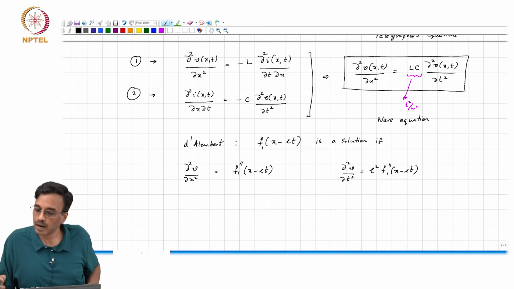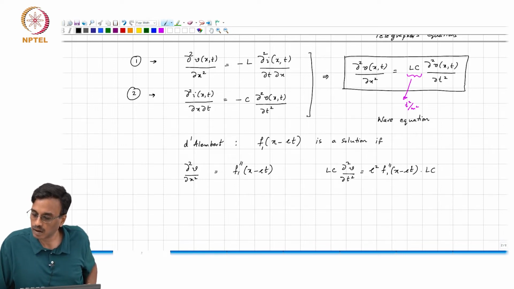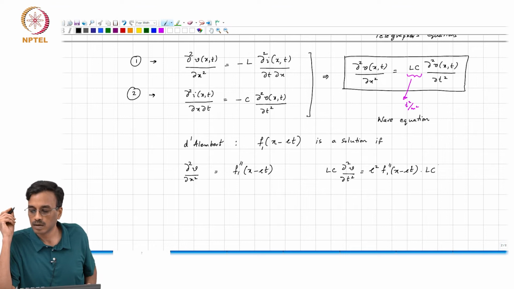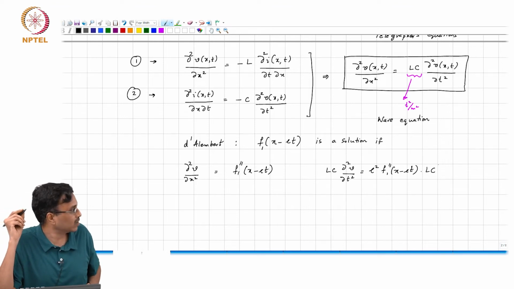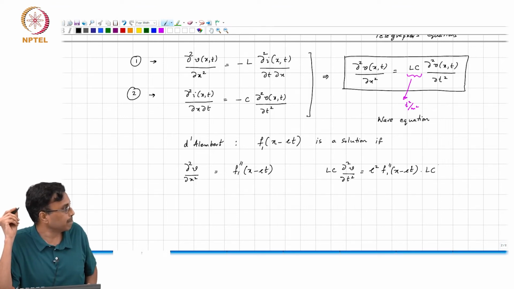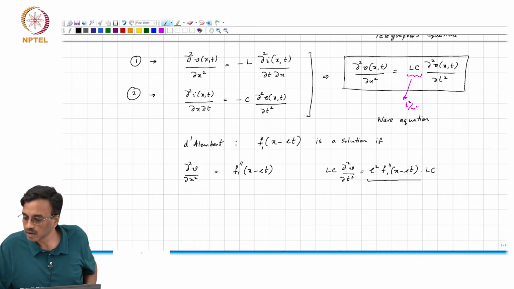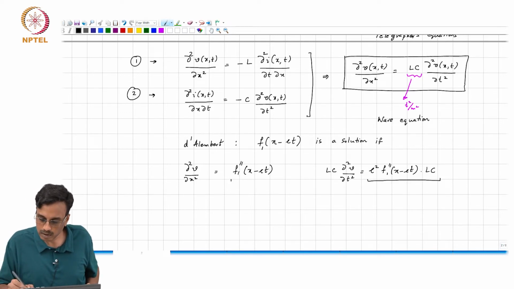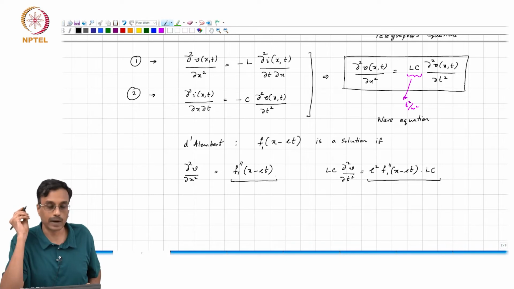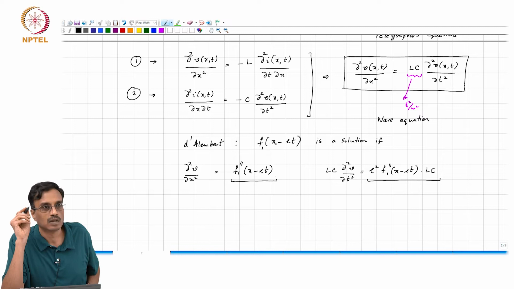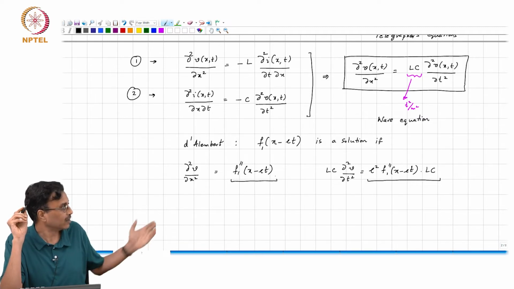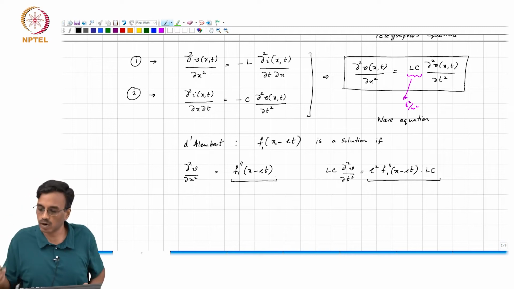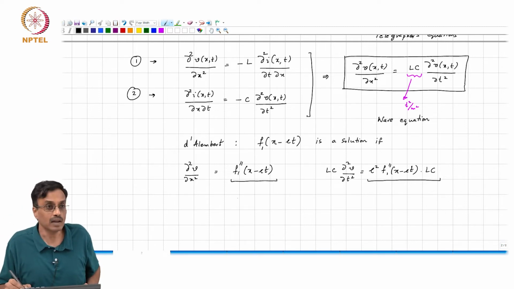We want to make LC times the second derivative with respect to time, which is this guy here, equal to the second derivative with respect to space. Stare at this and tell me what we see.